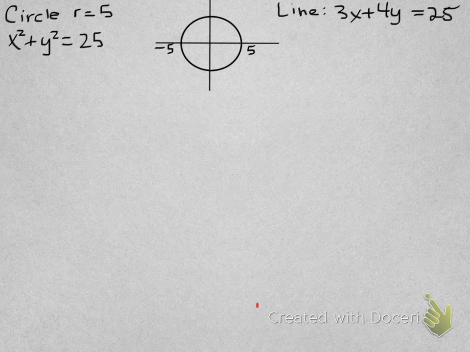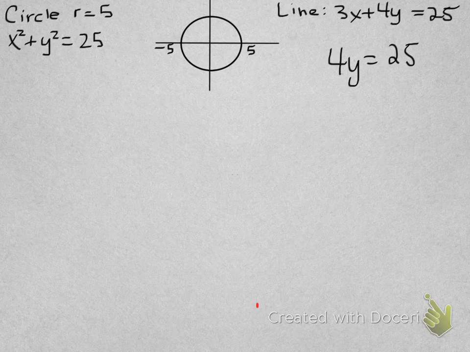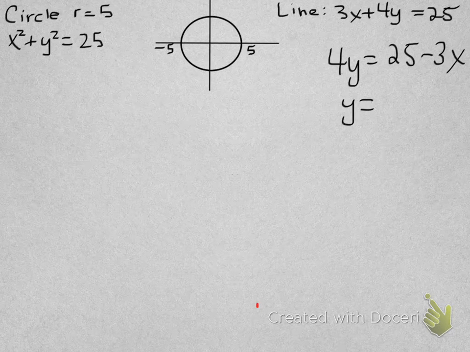In the equation on the right for the line, I'm going to find an explicit expression for y in terms of x, or in other words, isolate the y. So taking 3x to the other side and dividing through by 4, you can see now I have an expression for y.